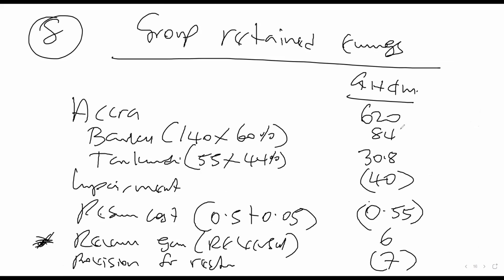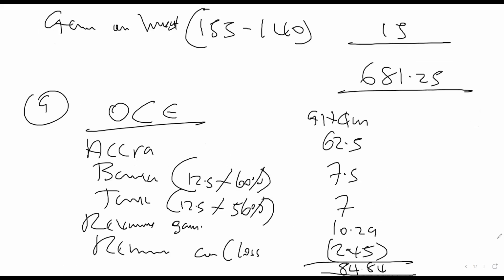Re-add them: 620 plus 84 plus 30.8 minus 40 minus 0.55 plus 6 plus 7 plus 15. $708.25. Different answer again.